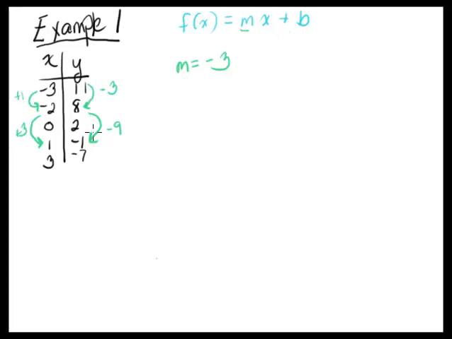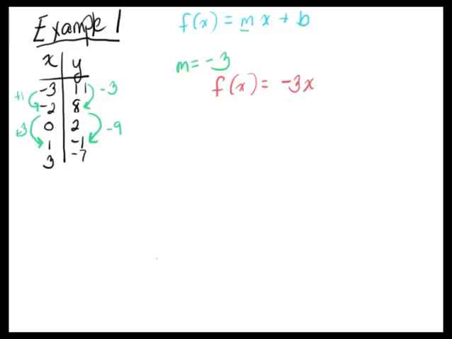If you do this correctly, you will get the same m regardless of the values you chose. I just wanted to show you that you can use any of these values. Now we have the -3. So as we start to write our rule, we can say f of x equals -3x.